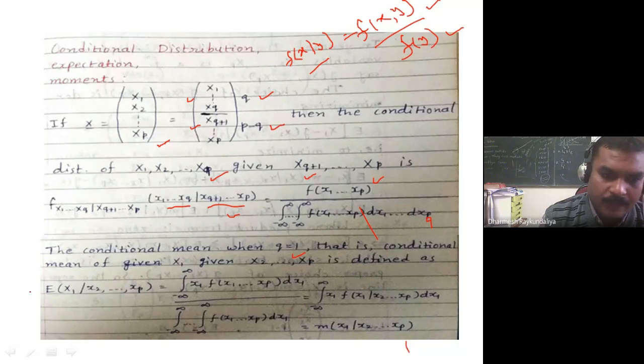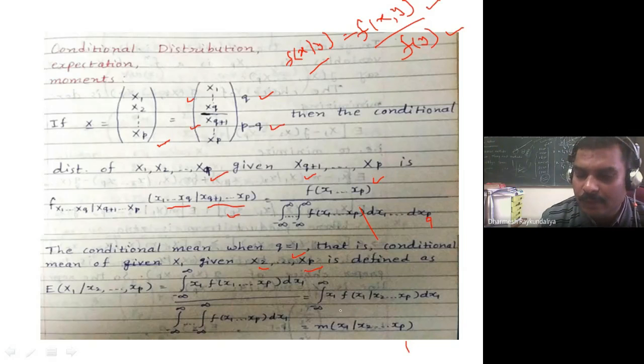So the conditional mean of x1 given x2 up to xp, the expectation of x1 given x2 up to xp, is the integration of x1 times f of x1, x2, xp dx1 divided by the marginal density.